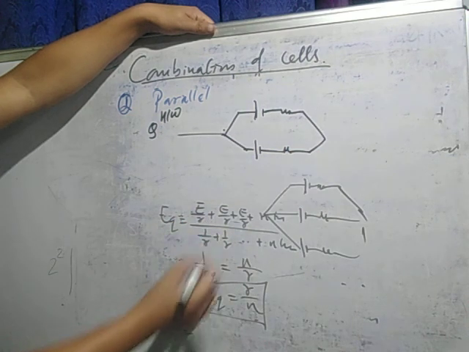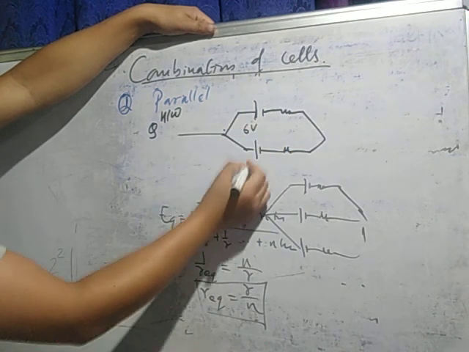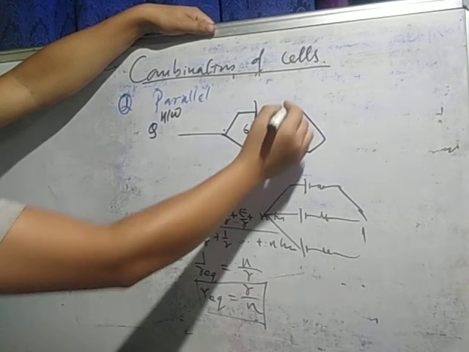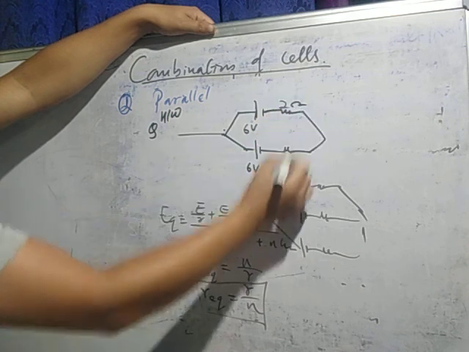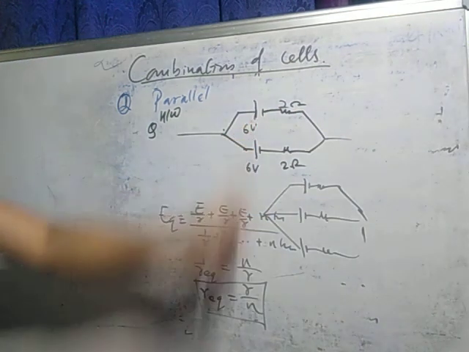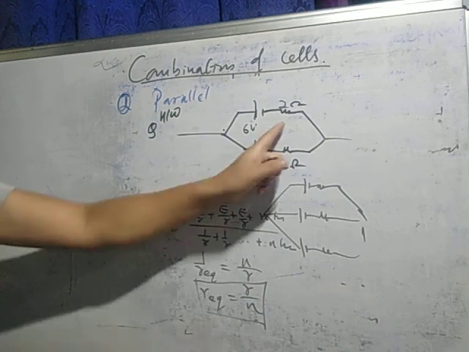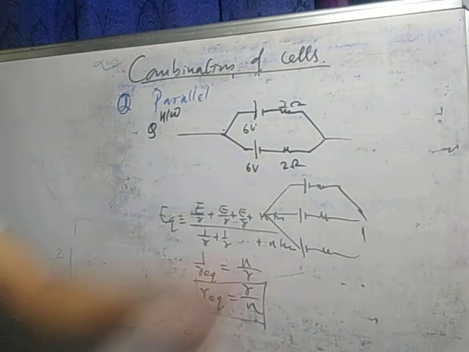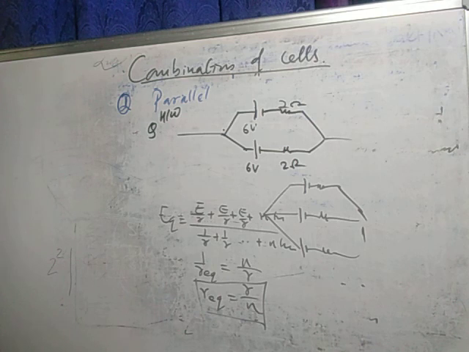So this is your 6 volt, 2 ohm, 2 ohm. So how much? E is 6 volt, you got it. R is n by R, 2 by 2, 1 ohm. Clear? So this much for today.